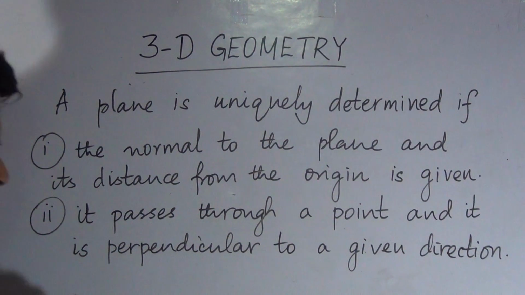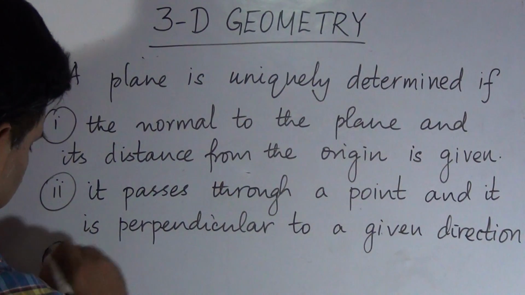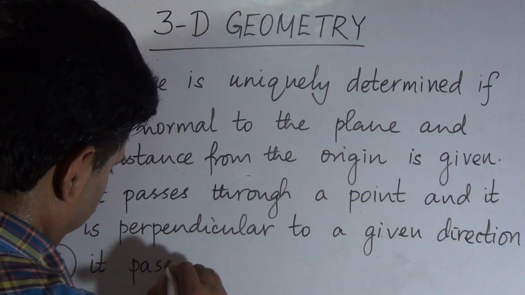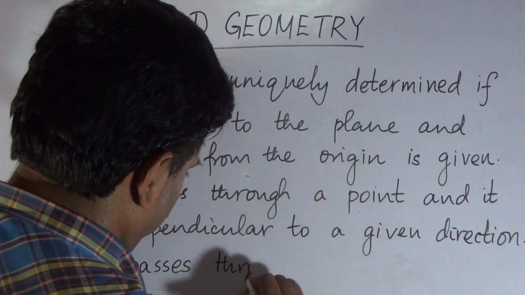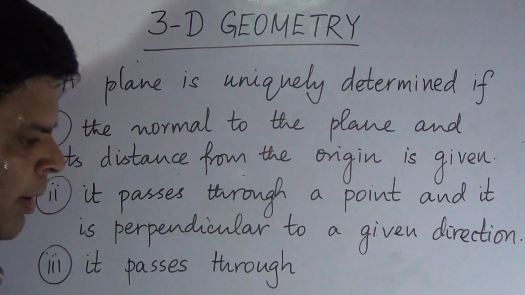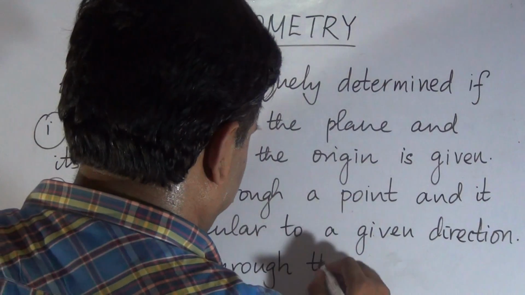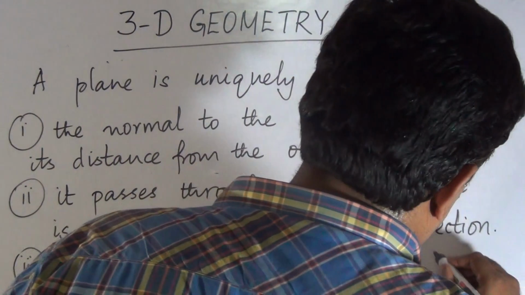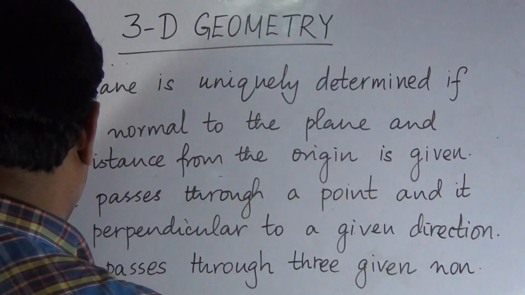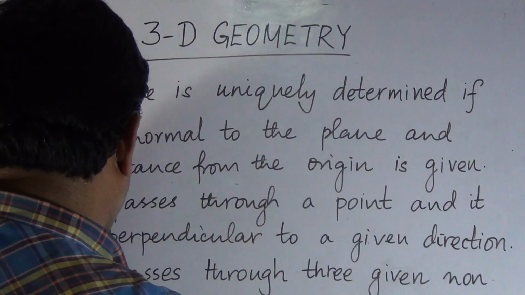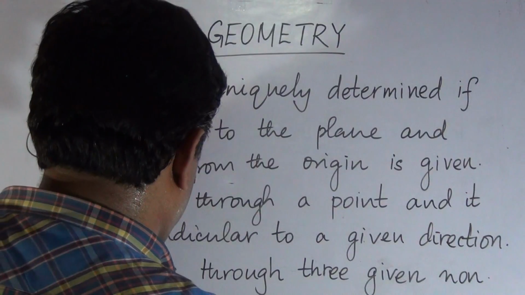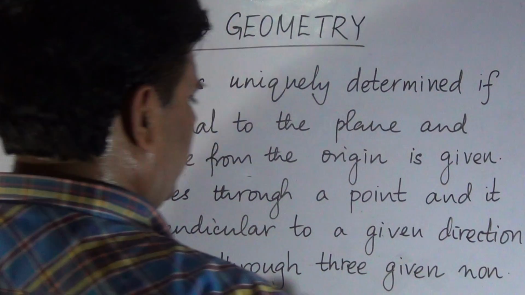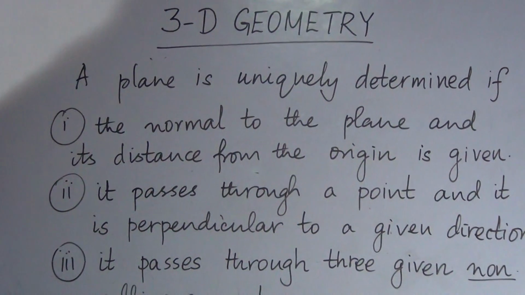And the third case is when it passes through three given non-collinear points. What are collinear points and what are non-collinear points?